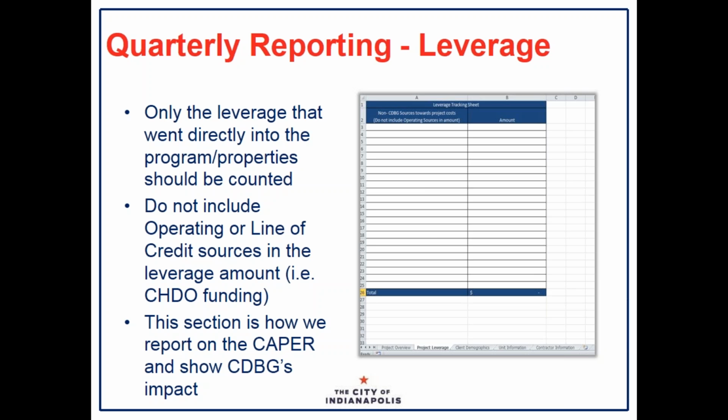I do want to emphasize again, we have a climate in DC that is potentially putting HOME and CDBG on the chopping block. If we're able to say that we're maximizing our resources, this is where we're going to report it, and this is how we're going to show it. I know this is a frequent one that is skipped for most organizations, and most organizations may not have additional leverage, but it's something we want to encourage everyone to take seriously and complete if you have any to show.